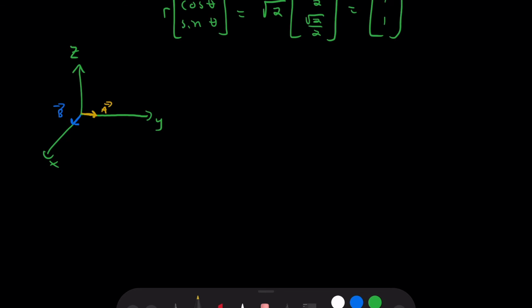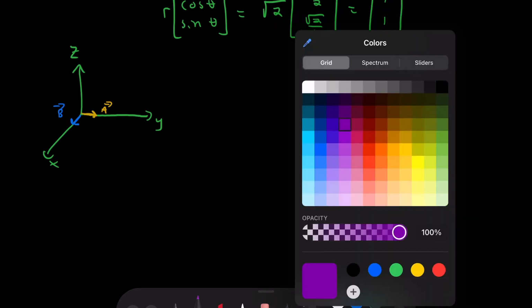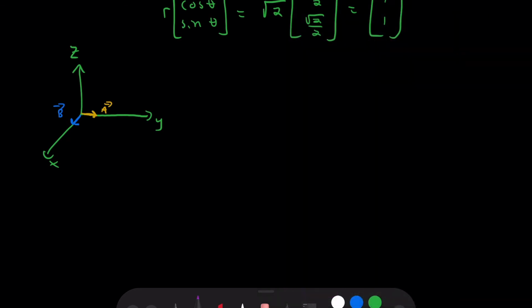And then vector C extended out. Now I can't zoom on here, so this might be a little hard.